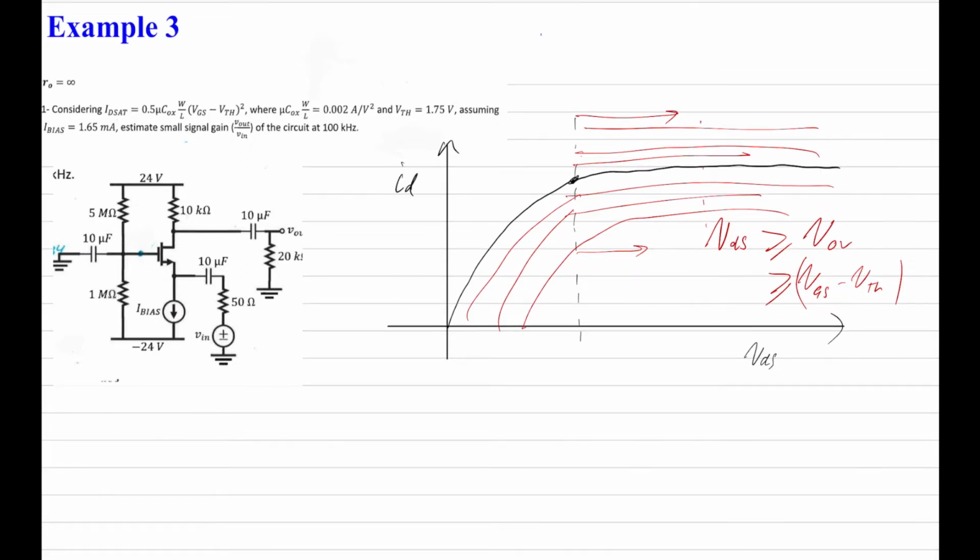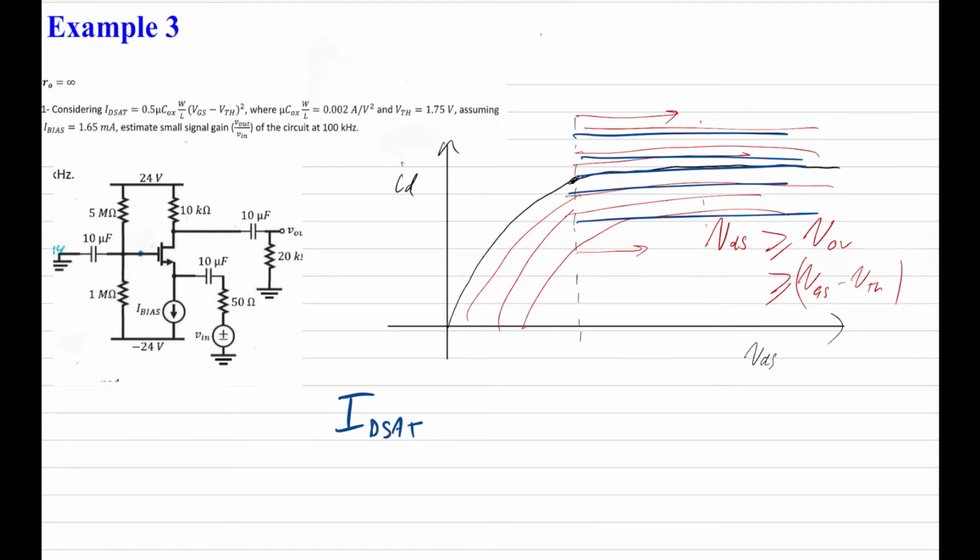And what we can see is that if we just note down the standard equation for the saturation current, okay, so we can call this ID sat, and that basically just describes the current in the saturation region like this, all of these different currents over here, okay?